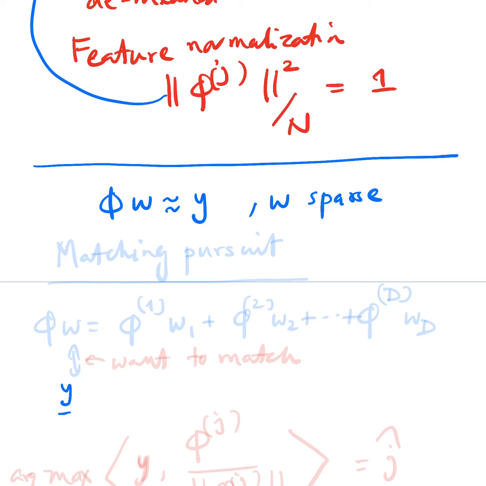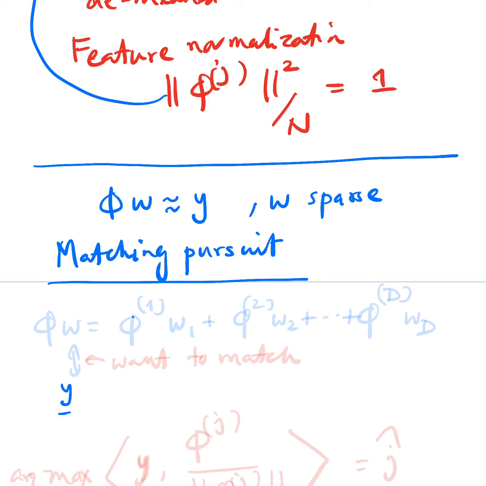So one such approach is a greedy approach called matching pursuit, and you'll see the analogy and difference to this cyclic coordinate-wise minimization in a minute. So basically, what is this phi of W?